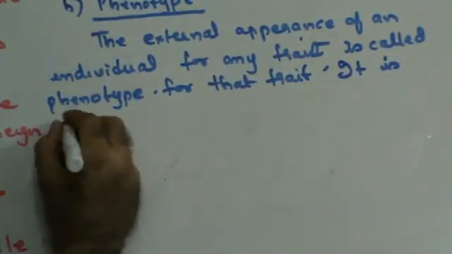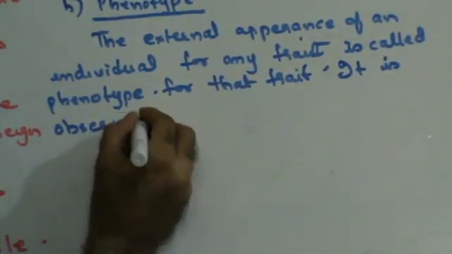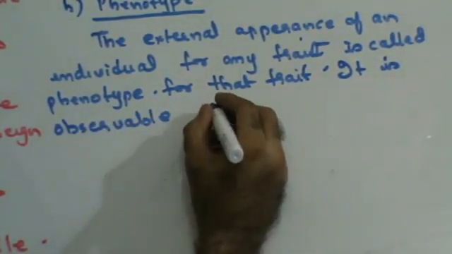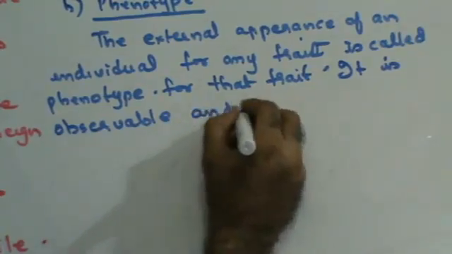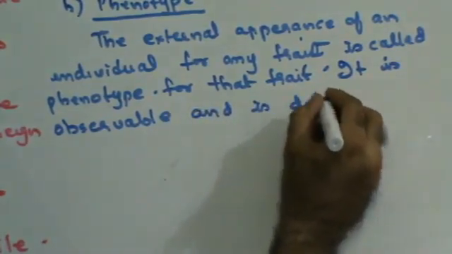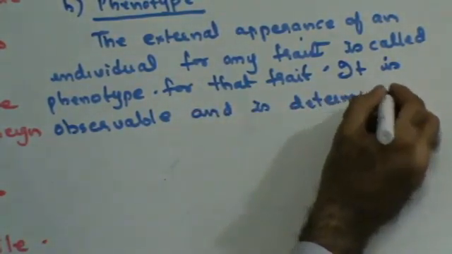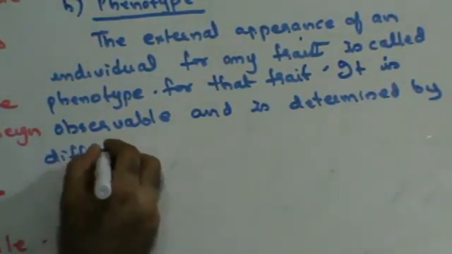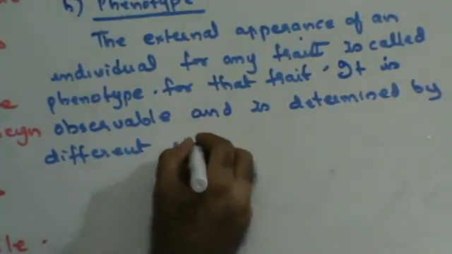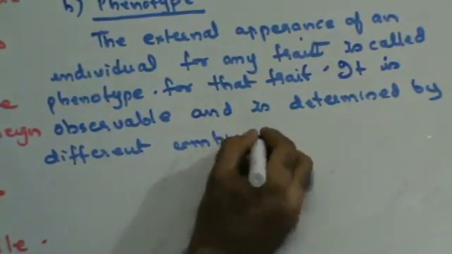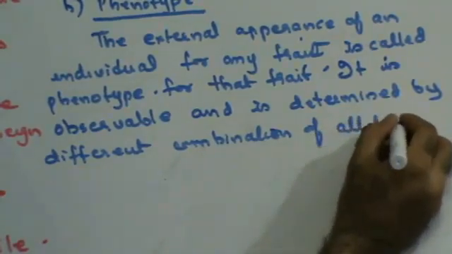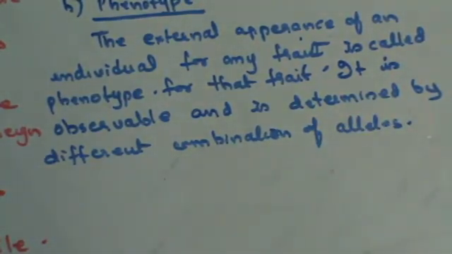It is observable and is determined by different combinations of alleles, right? And that's called the phenotype.